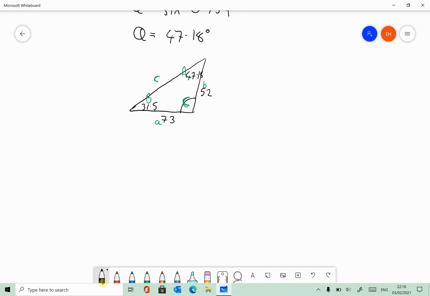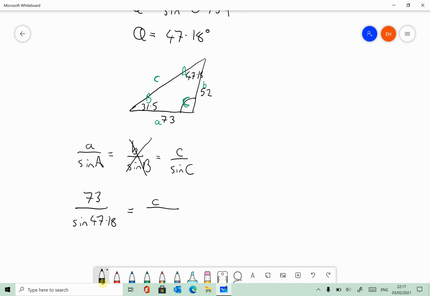So I can now set up my formula where I can say A over sine A equals B over sine B equals C over sine C. So I can say 73 over sine 47.18 equals, so I'm going to get rid of this guy here because we don't really need him anymore, because all we need is the thing with C's in it. So I'm going to put that as a C all over sine of big C.